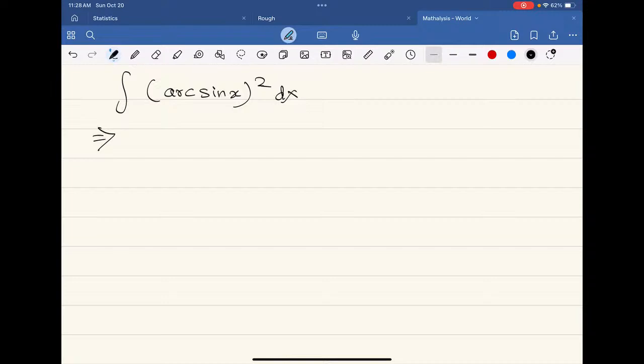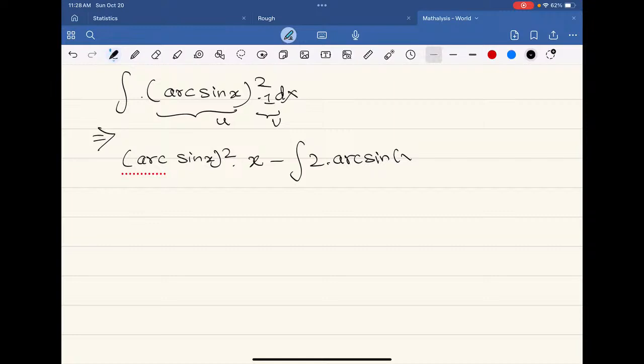Of course, I know that we are going to use integration by parts with this as u and 1 as v, right? So this will be arc sin x square as u, and the integral of 1 is just x, minus the integral of 2 times arc sin x, and then by chain rule, the derivative of arc sin x is 1 over square root of 1 plus x square, and then x dx, right?